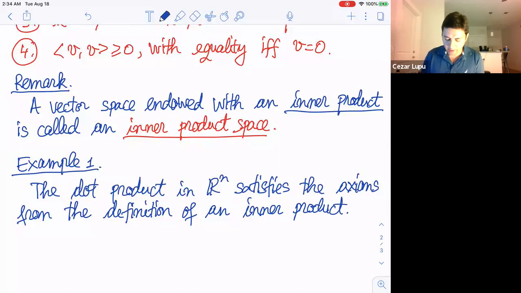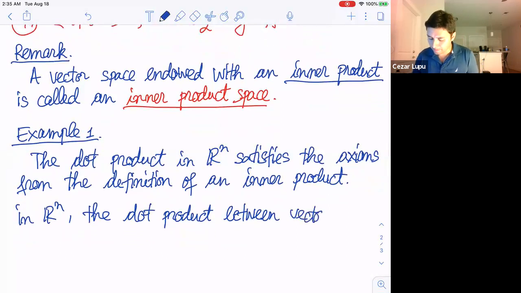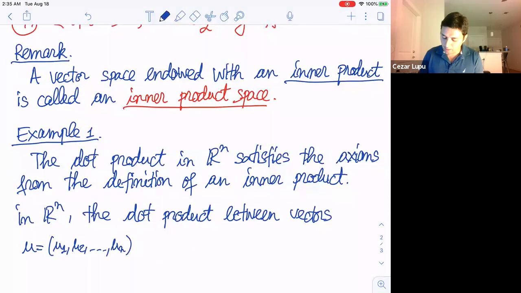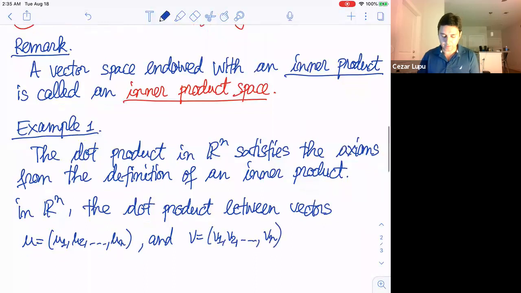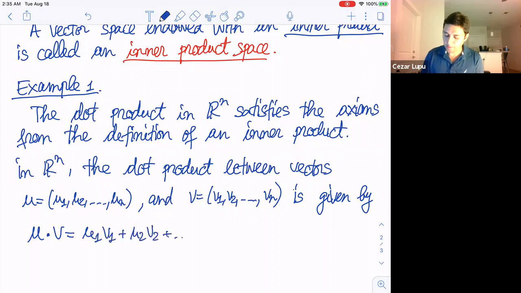In Rn, let me remind you that the dot product between two vectors, let's say u, which is u1, u2, through un, and v, v1, v2, through vn, is given by u dot v equals u1 v1 plus u2 v2 plus and so on up to un vn.